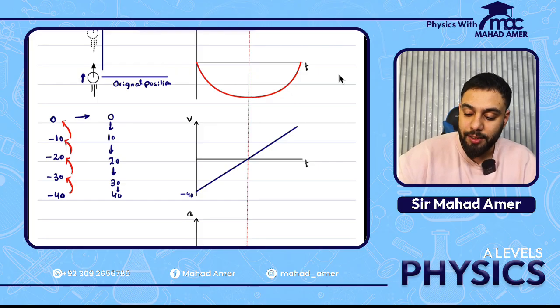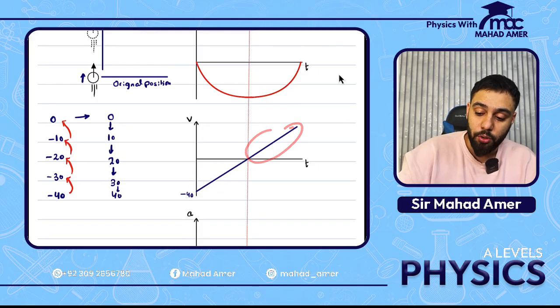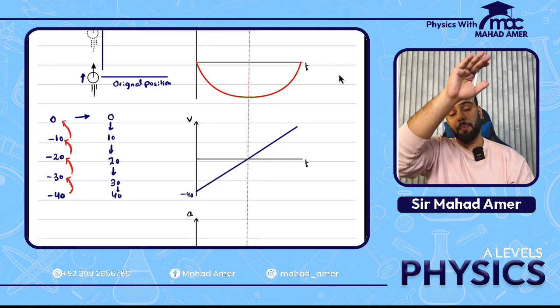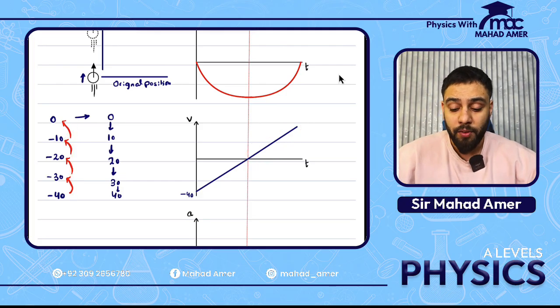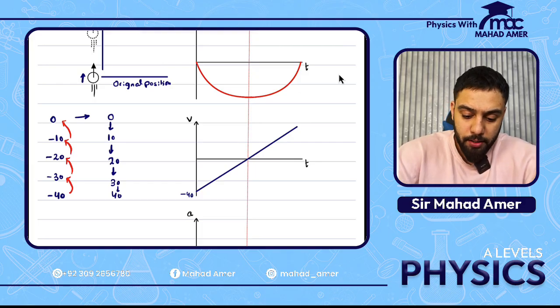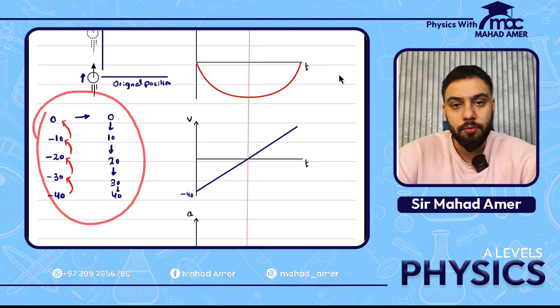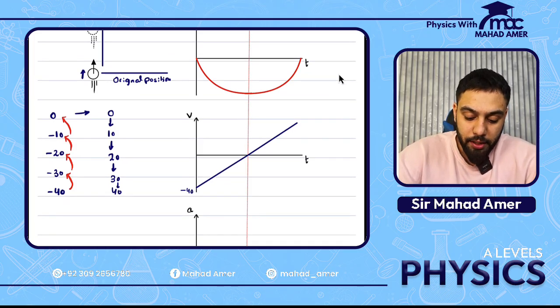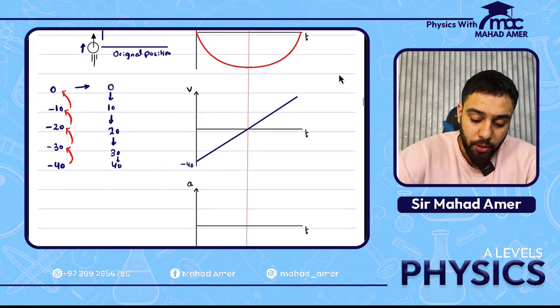This part of the journey shows deceleration, whereas this part actually shows acceleration, since it was decelerating when it was moving up and accelerating when it was moving down. So this is some very basic concept regarding the understanding of the direction of motion.